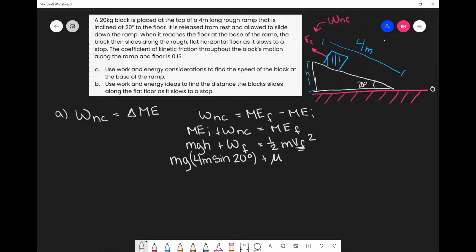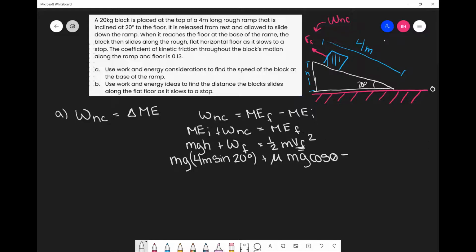Well, what's Fn? If you think back to our equations where we have an object on an incline, it is going to be equal to m g cosine theta.